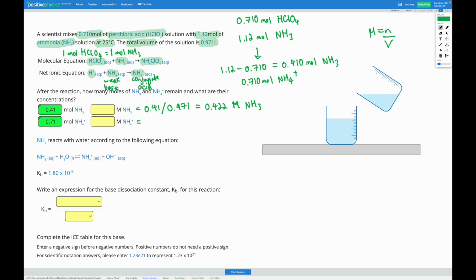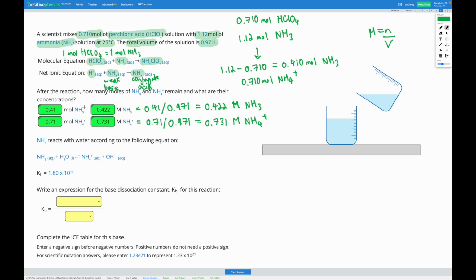And for ammonium, we had 0.71 moles divided by the volume of 0.971 litres, which gets us a concentration of 0.731 molar for NH4 plus. So let's go ahead and fill those answers in right here. Awesome.